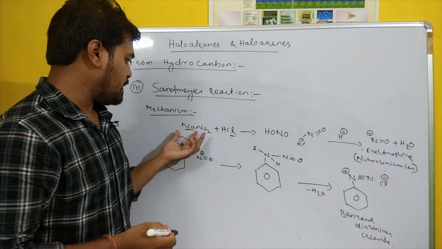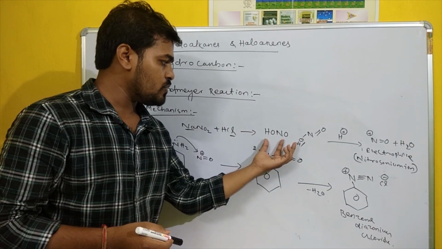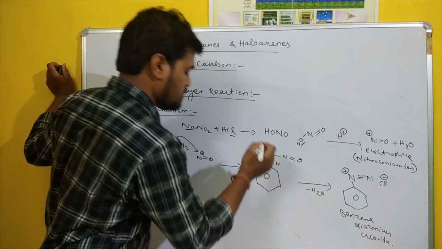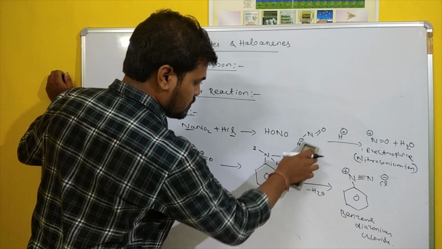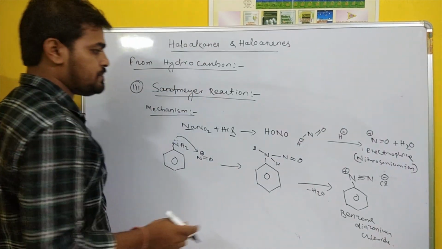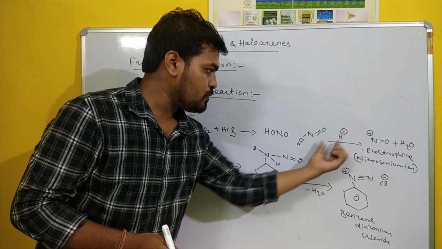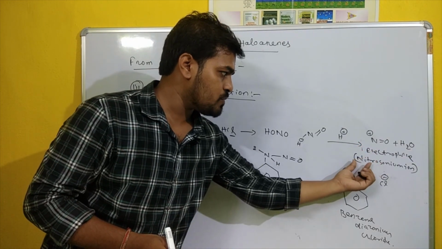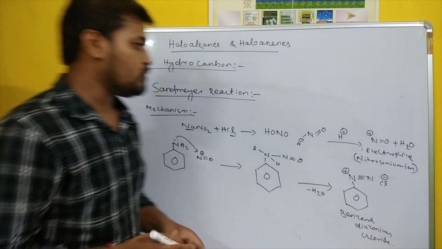How? Let's check again. Sodium nitrite and HCl react to form HONO, and that OH group is protonated with H plus and gives a water molecule, so that the electrophile is formed, N plus double bond O. So that is called the nitrosonium ion.